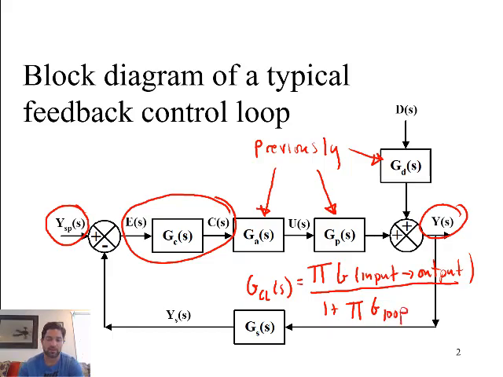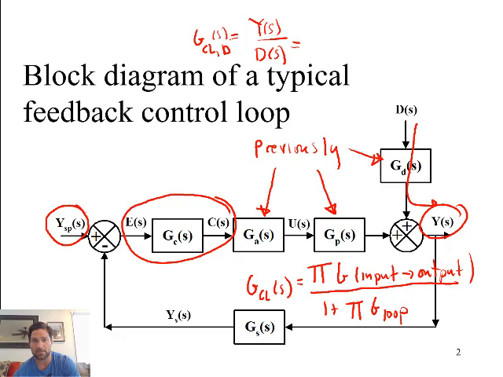Okay, so again, if we want to know the transfer function for the disturbance, for example, transfer function closed loop with respect to the disturbance, right? This is in the Laplace domain. This is going to be essentially the output, which is y, over the input, which is the disturbance.